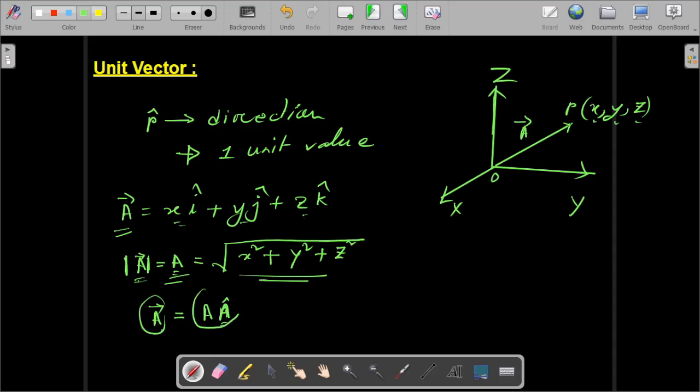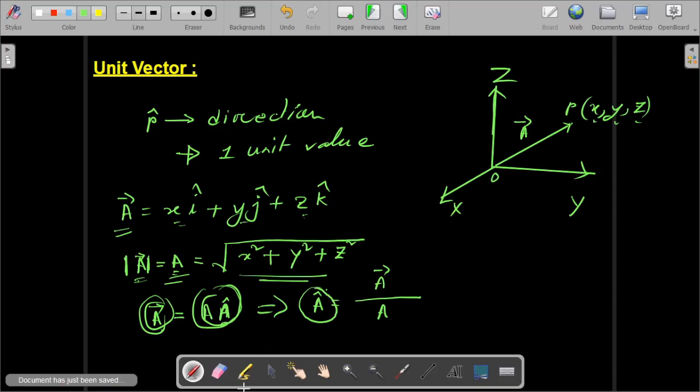So from here, how can you find out the unit vector? Simply write the given vector here and divide it by the value of the given vector. So in this way you will get the unit vector in the direction of the given vector.